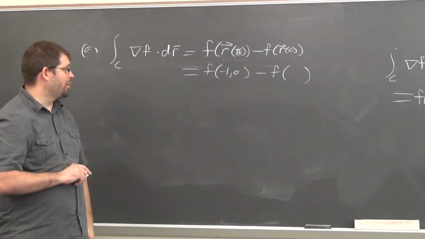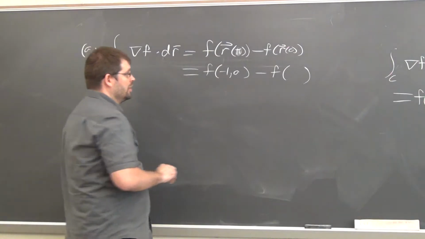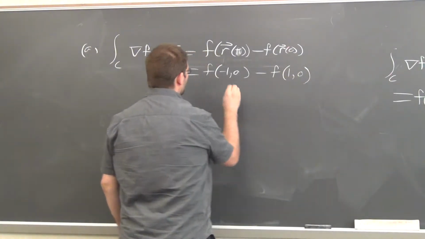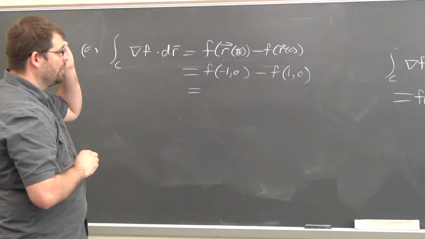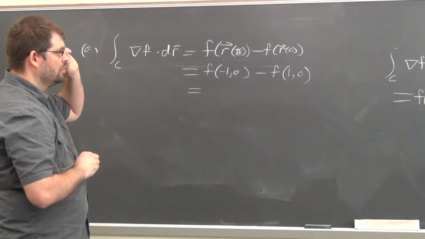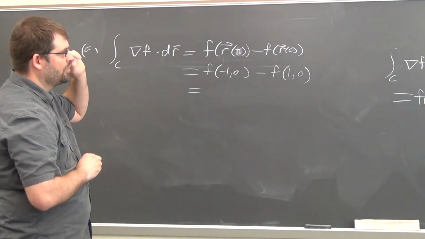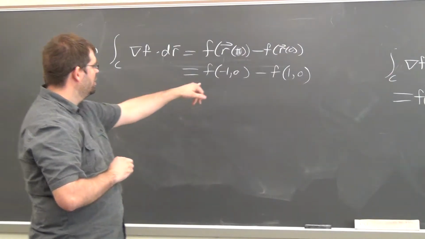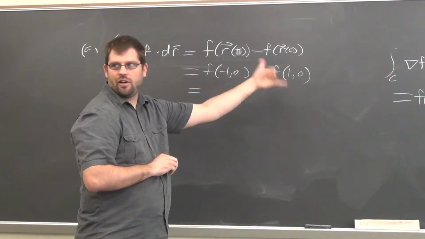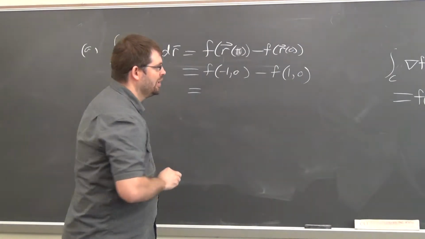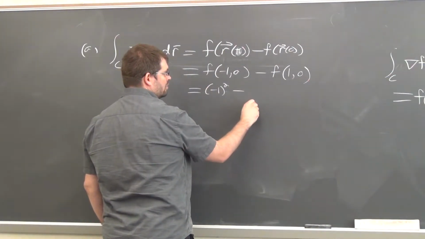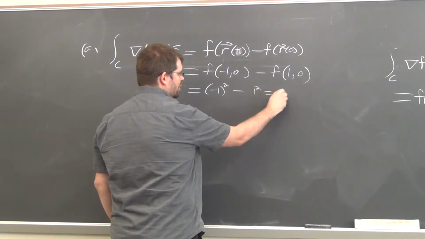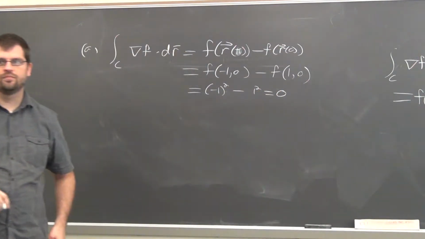And then for 0, what do we get? (1, 0). And then we have our function right there: x squared plus 3xy plus y squared. If the y's are 0, they're gone. So we just plug in: (-1) squared minus 1 squared, so we end up with 0.